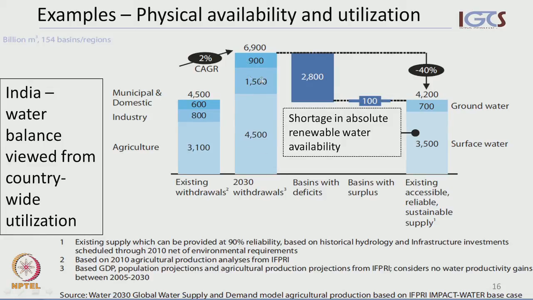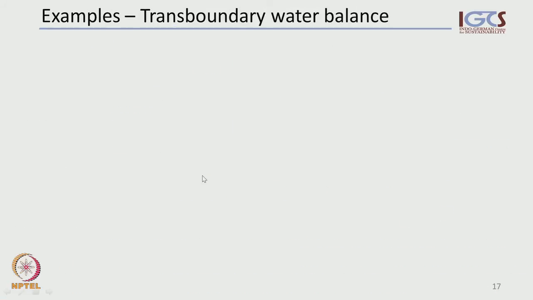And we can see that the demand is growing, but our available existing water resources will not grow if we only look into what is available within India itself, and that there will be a water deficit that has to be covered already very soon.